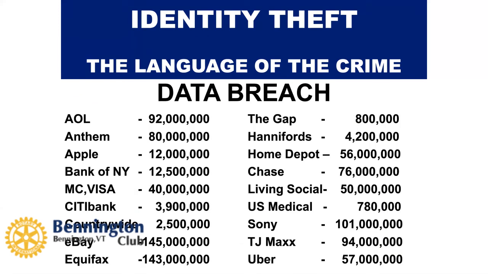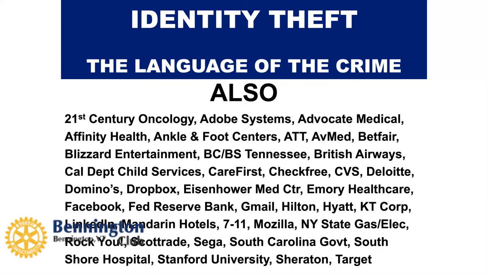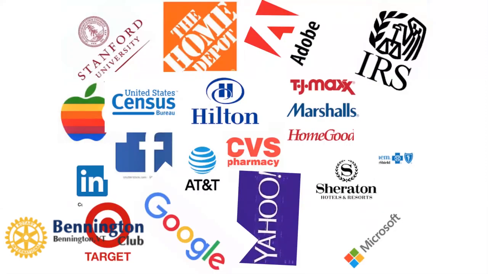Data breaches occur all the time. Here's just a sampling of some of them. And by the way, you'll be getting all of these slides and some other ones as an email later on. Here's some of the companies. You're probably familiar with many of these.